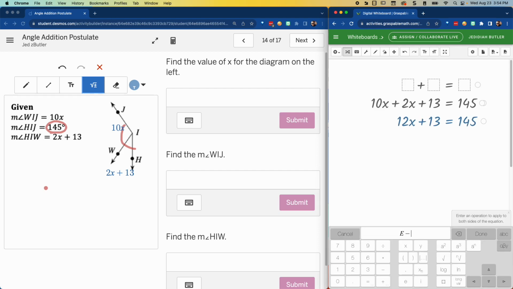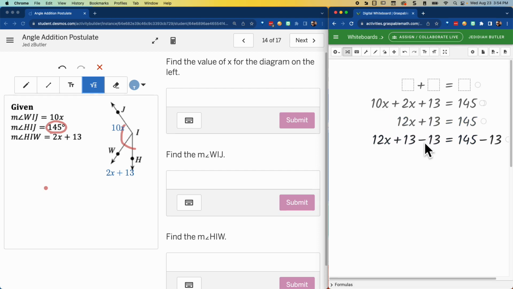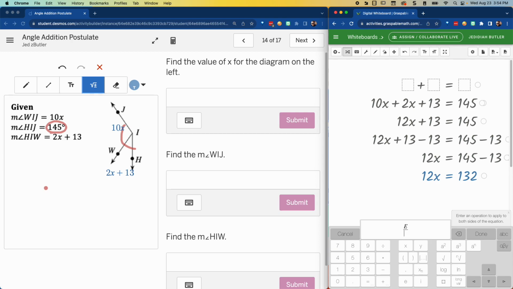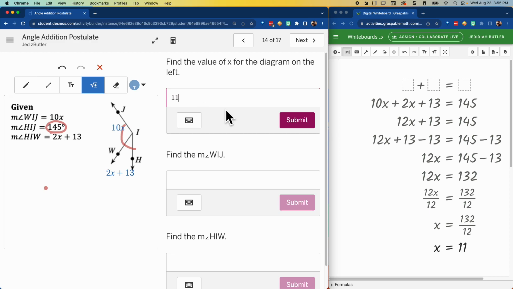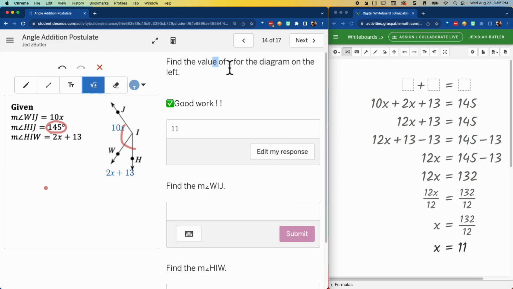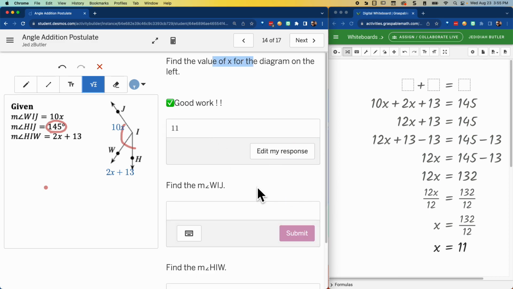I'm going to subtract 13 from both sides. So first I combine like terms, then I subtracted a constant. Now I'm going to divide by that coefficient in front of x to make that a 1 to get x by itself. And I'll get x equals 11. So x equals 11. Let's see if that's correct. It is. So we found x, and it's 11.